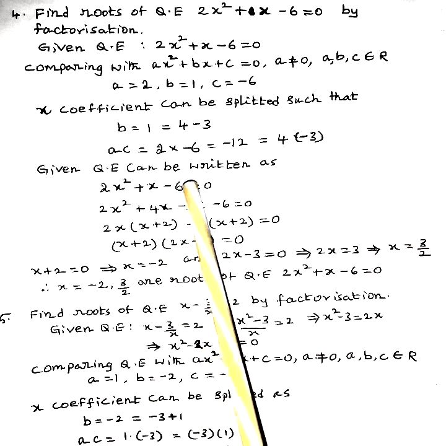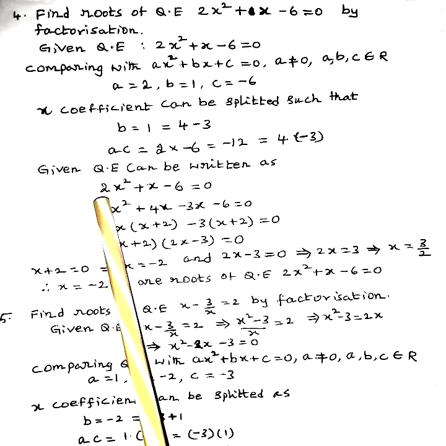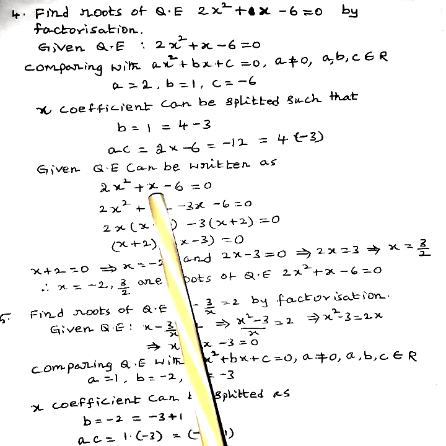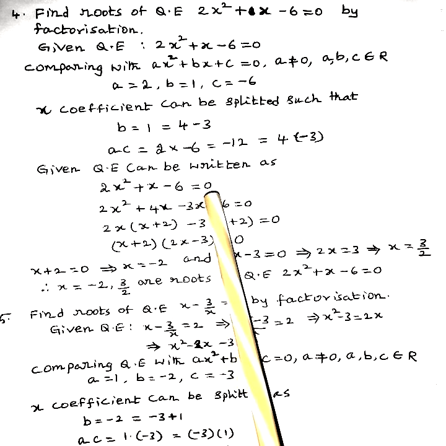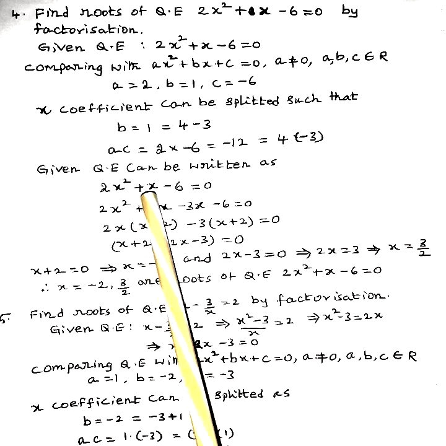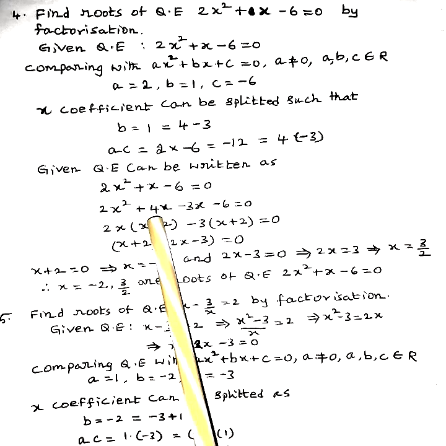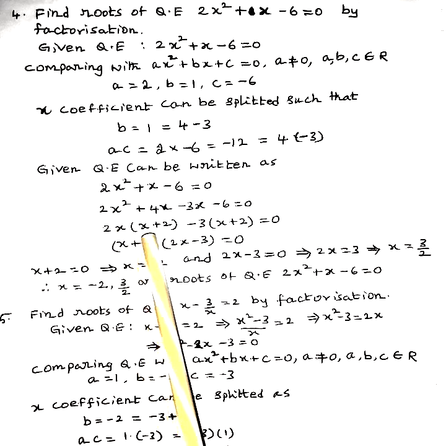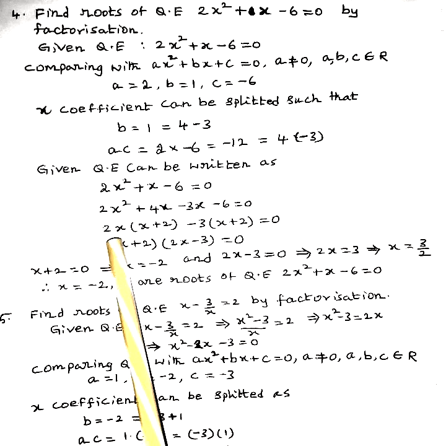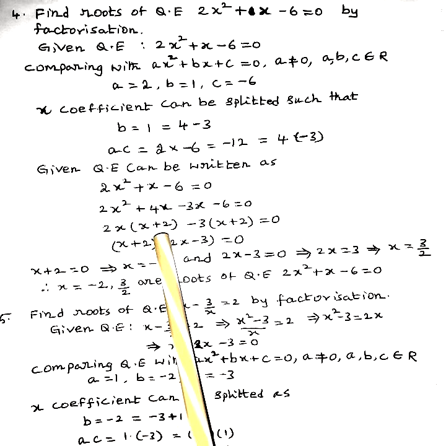Now, the quadratic equation 2x square plus x minus 6 equal to 0 can be written with x as 4x minus 3x. From the first two terms we take 2x as common factor, so we get 2x multiplied by x plus 2.